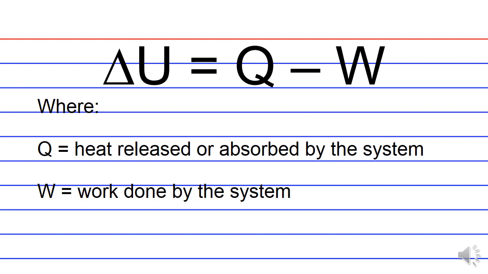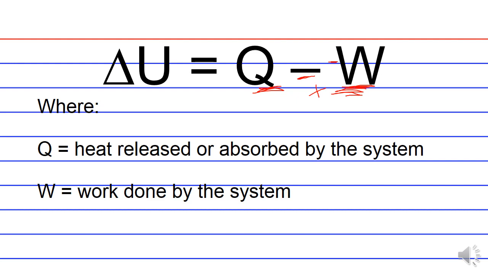Delta U equals Q minus W, where Q equals the heat released or absorbed by the system, and W equals the work done on, well, in this case, it's the work done by the system since it's negative.